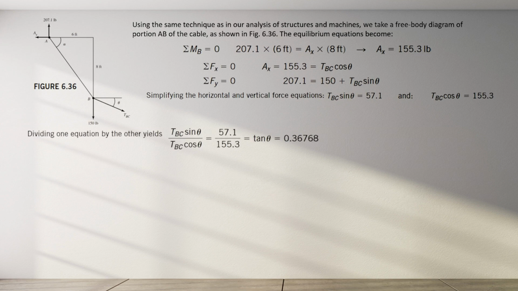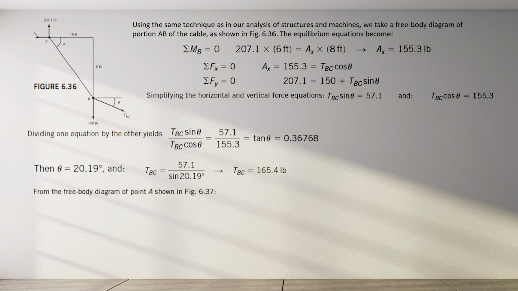If we divide the two equations, TBC sine theta by TBC cosine theta, we find the tangent theta equals 0.36768. Then theta equals 20.19 degrees, and TBC equals 165.4 pounds.